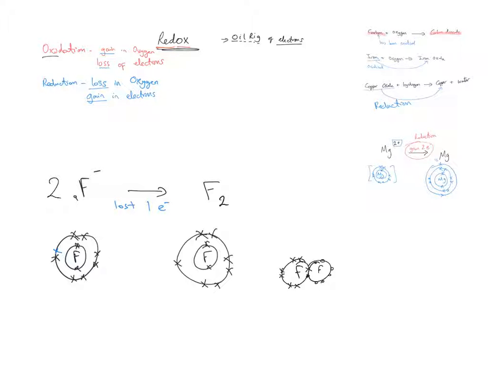So overall, it will have lost 2 electrons. The idea, though, is that loss of electrons is oxidation. So the key point is that if we're going from negative here to no charge, it's lost an electron, therefore it is oxidation happening here.